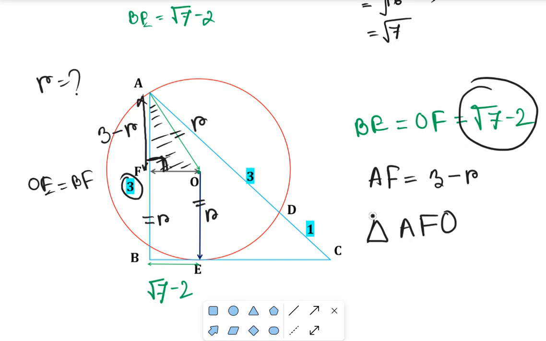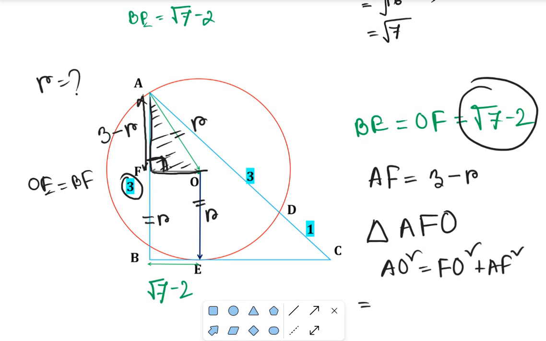So if we apply Pythagoras theorem for the triangle AFO, what can you write? AO square, the green line, equals FO square, the base, plus the perpendicular AF square, right?